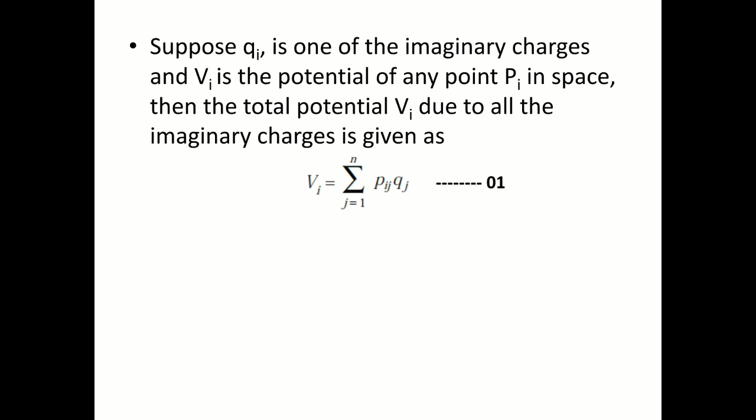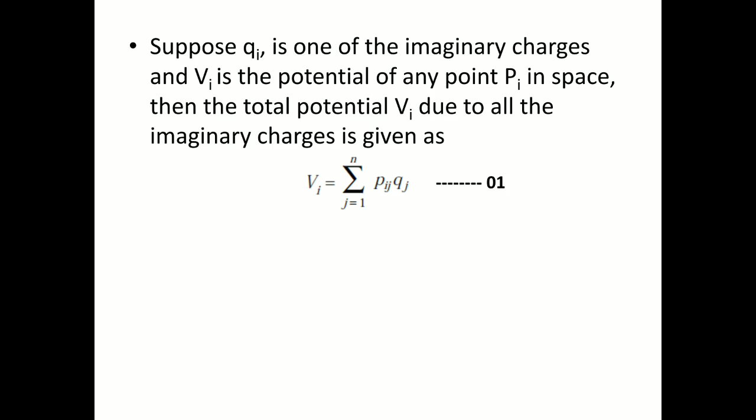for n number of imaginary charges which are uniformly distributed over the entire region under consideration. And suppose you are interested to calculate the value of potential at a point Pi due to such n charges uniformly distributed over that region; it is given by equation number 1.